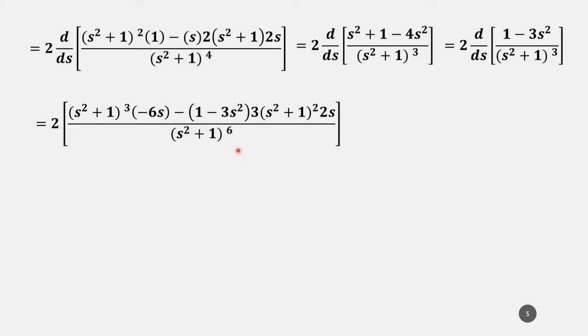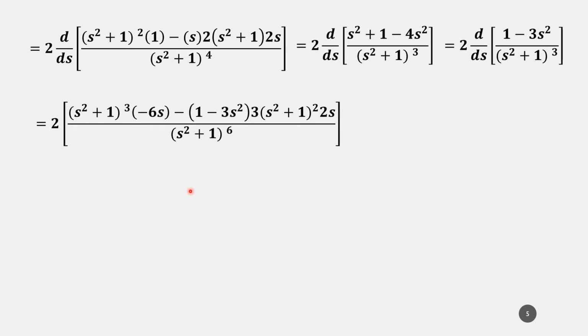Now we can see that s square plus 1 the whole square is common in both numerator and denominator. So we can cancel now s square plus 1 the whole square.